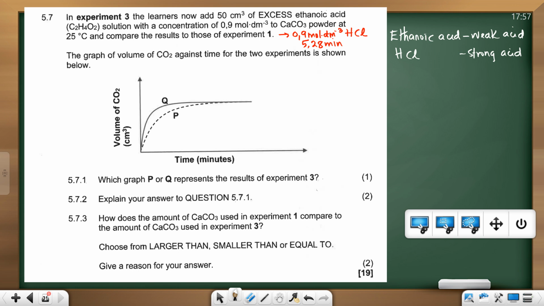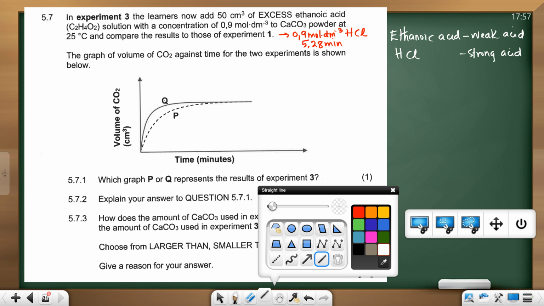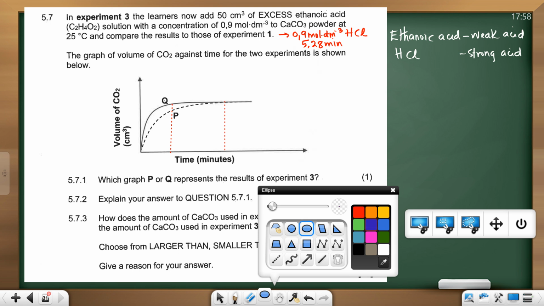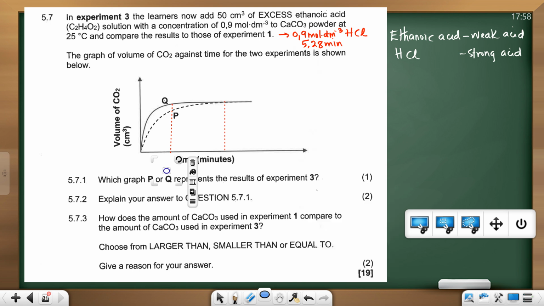Oratile, you said A. So if you look at the time, Q is faster. Right? Good. Experiment 3 should be what? Q. Remember experiment 3. No, sorry. It should be P.